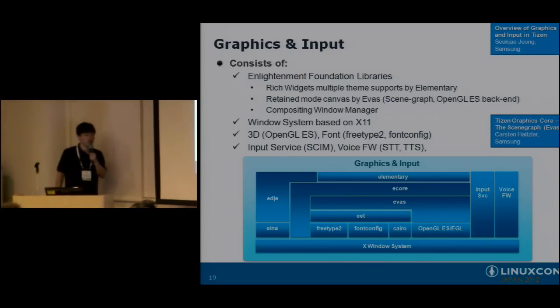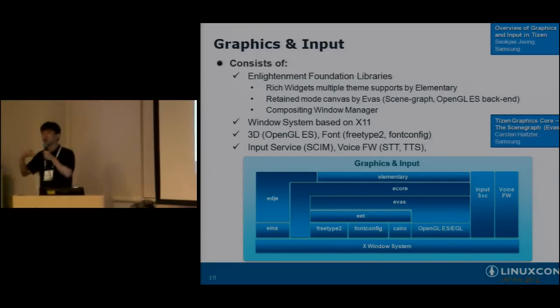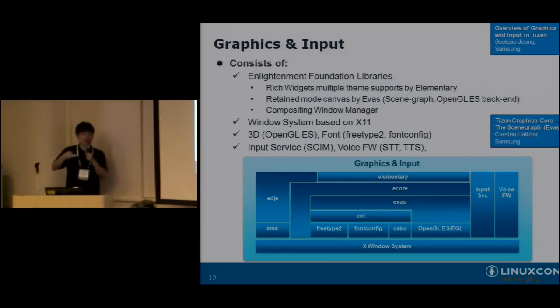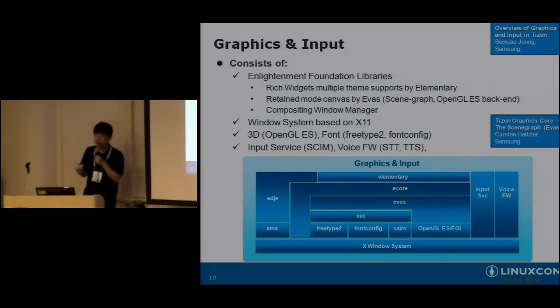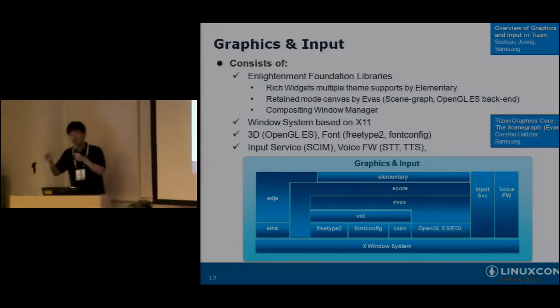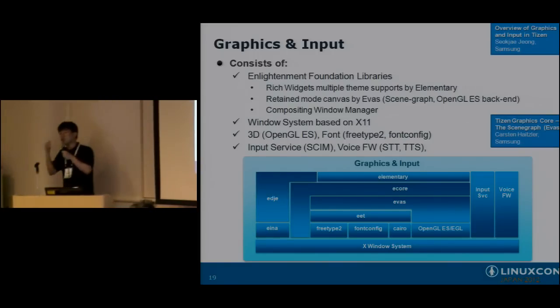As the windowing system, we provide X11. So all of your applications should get a window to display something on the screen, and then your application should directly or indirectly use the Enlightenment Foundation Libraries inside the window.